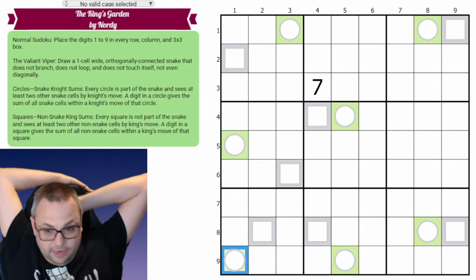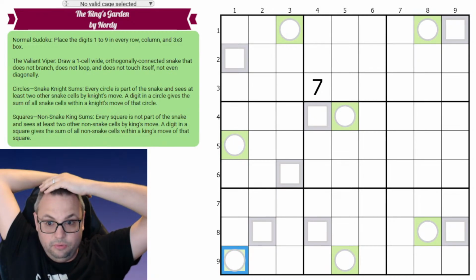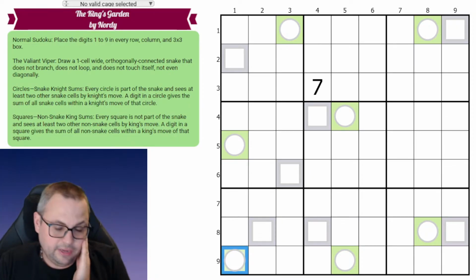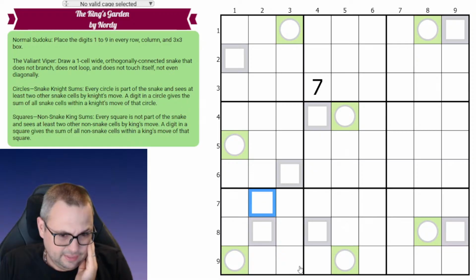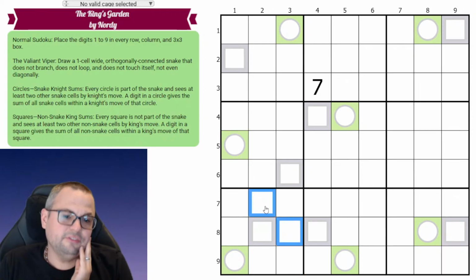Let's see. Jim says row 9, column 1 can only be 1. Each circle is part of the snake and sees at least 2 other snake cells by knight's move. It gives the sum of the cells, but yeah, I think these are the only 2 cells.